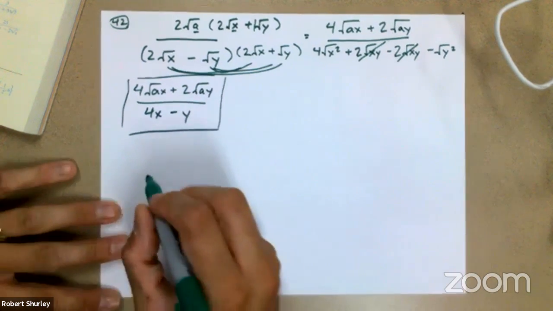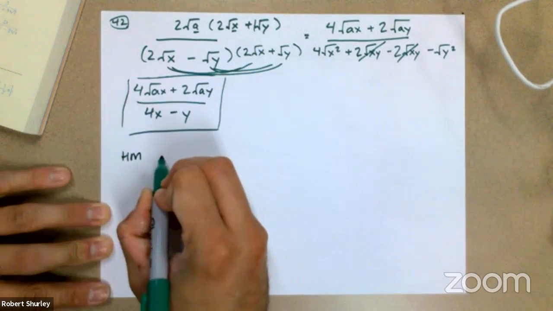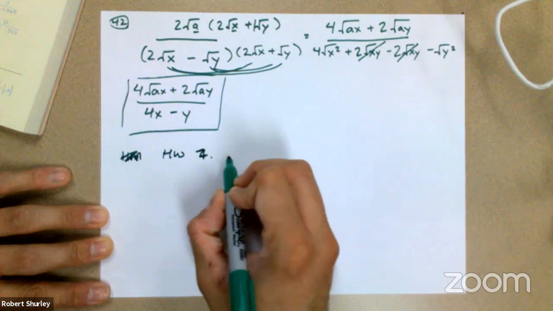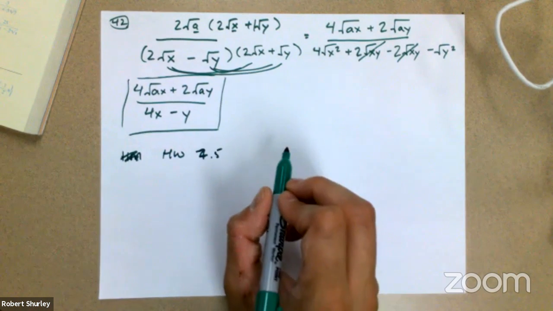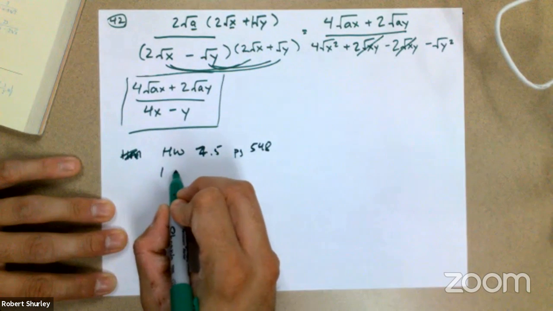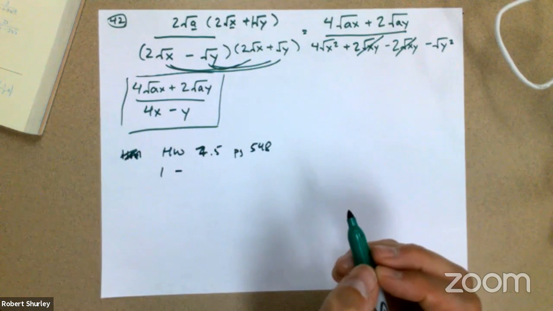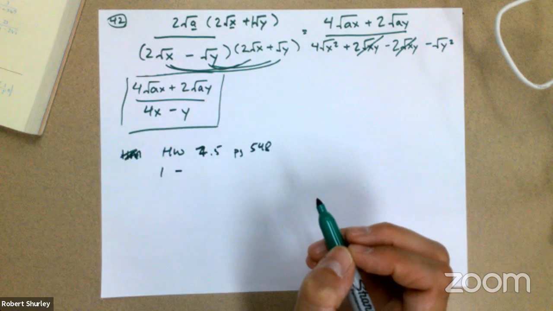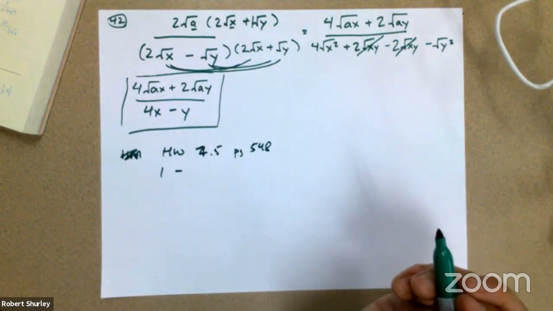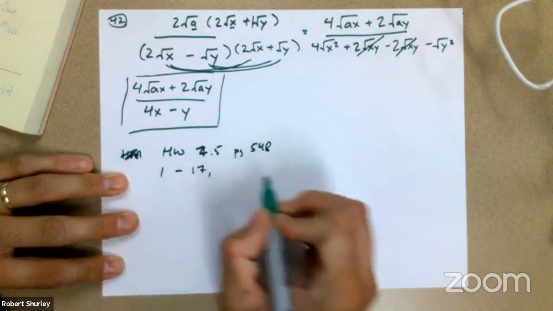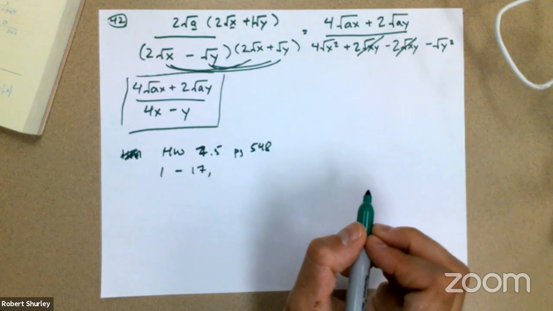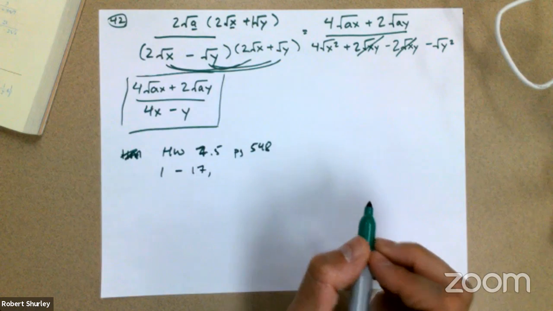Okay, so for homework in this section, this is HW, section 7.5. I want you to start on page 548, and do 1 through, wait, I'm going to chop it up. They do cube roots, which is goofy. 1 through 17, you'll never have to find a rationalization of a cube root. 1 through 17, and then we'll do odds.